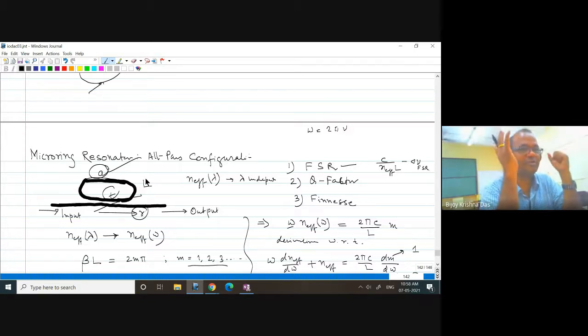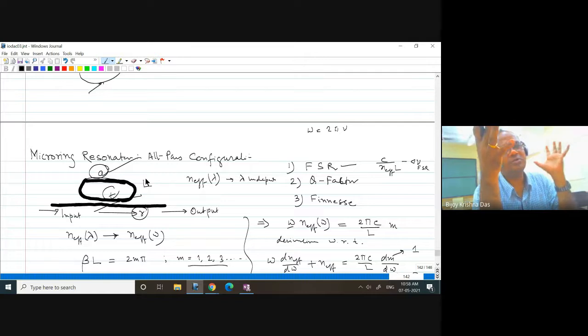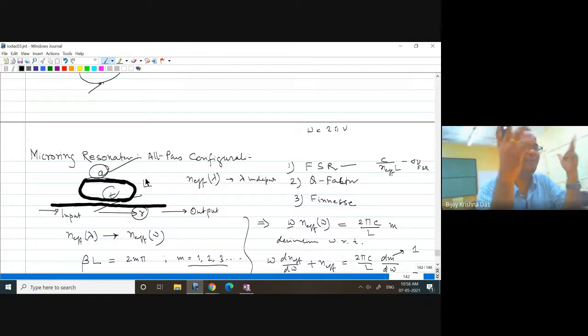If someone needs a high FSR, that is good for them; someone else needs a low FSR, that will be good for them. But when you say the quality factor is good, it means how good a resonator it is, and for a resonator we always consider how much energy is stored. So good or bad means the Q value. Normally, a good resonator means a good quality factor.